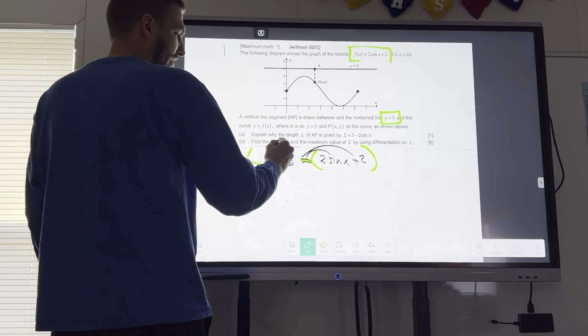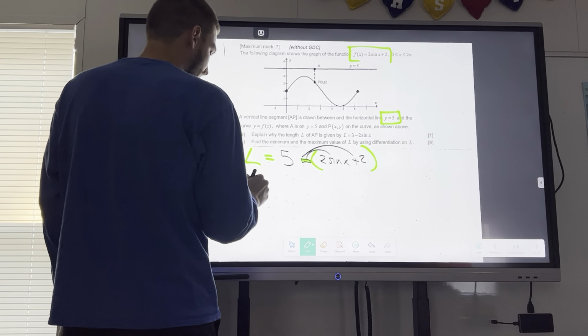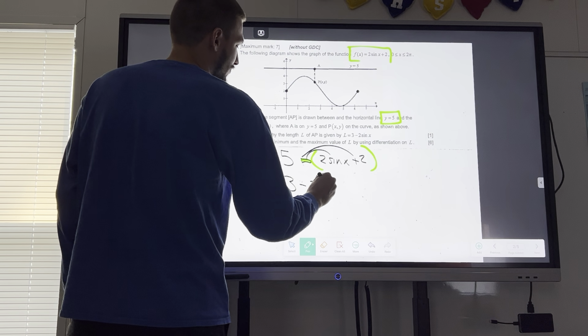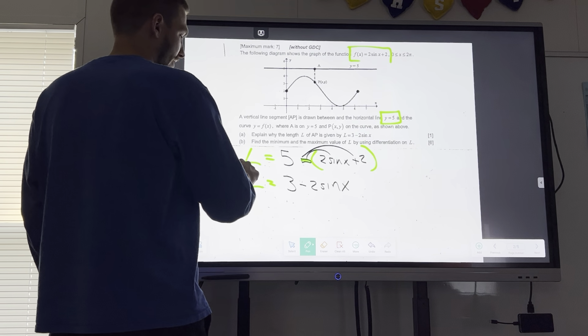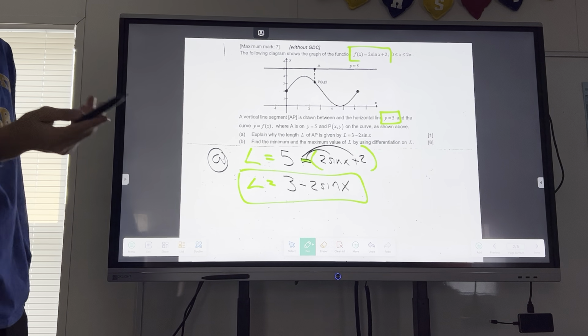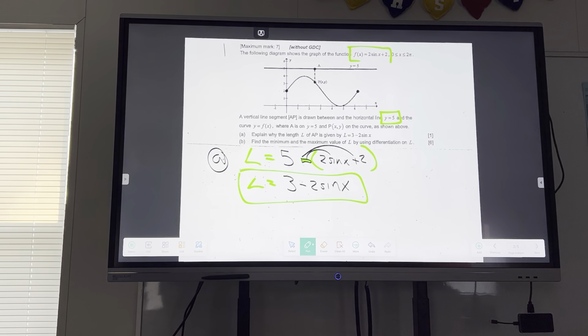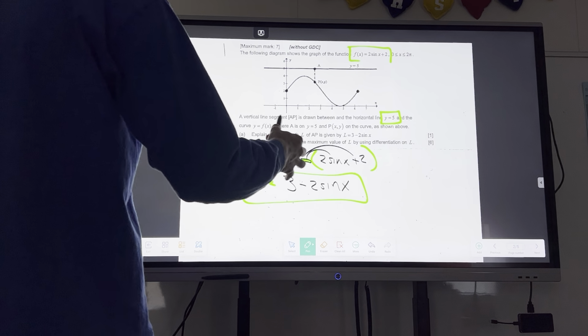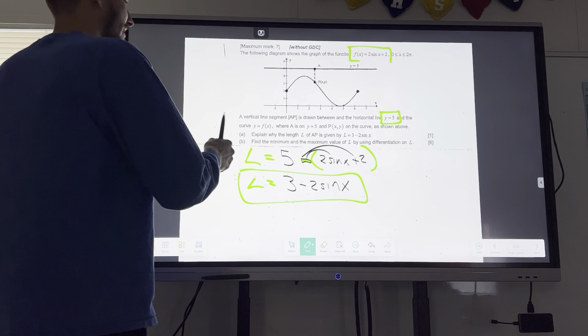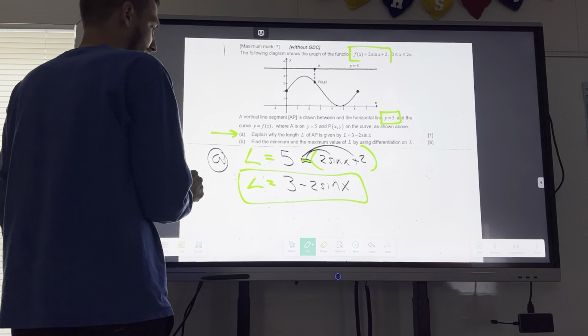So it's actually not 5 plus 2, it's 5 minus 2, and that's why we get 3 minus 2 sine x. And there we go. Part A, it's a little 1-pointer, it's done. You just take the 2 and subtract them, it's not too bad. So getting this question set up into finding that formula really wasn't very tough. They really basically walked us through it.